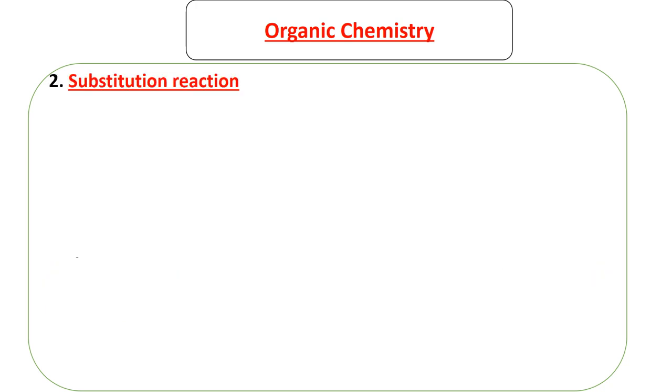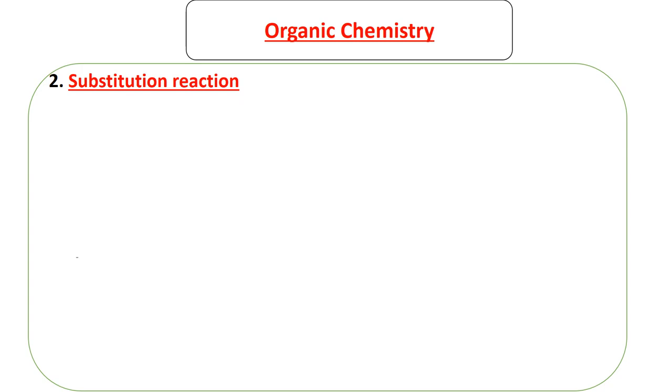The other type of reaction where we see our alkanes having fun is substitution reaction. Again, this is not the first time we're meeting this substitution reaction. We did substitution reaction when we were studying acids and bases. Also, I think in the periodic table there was some sort of substitution reaction.